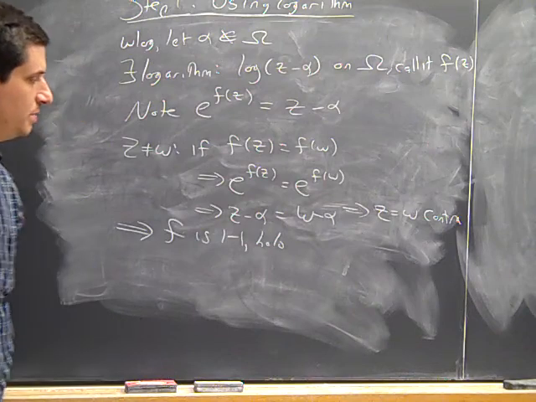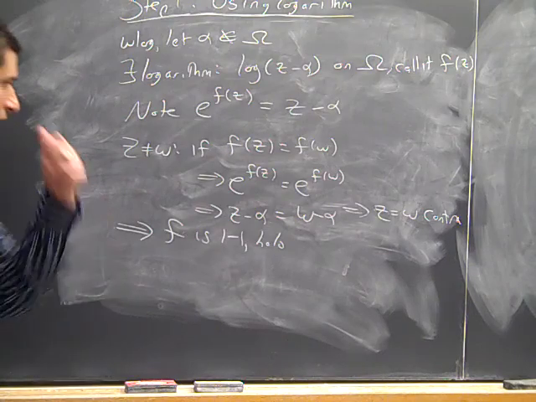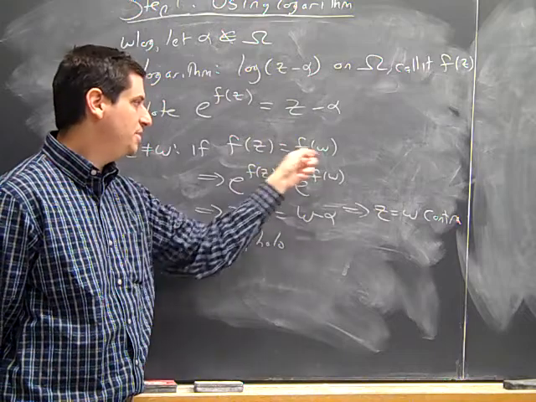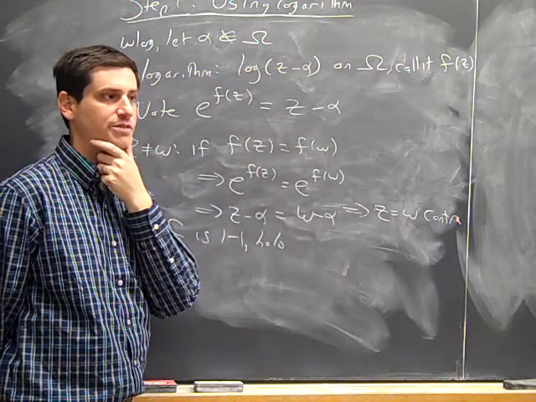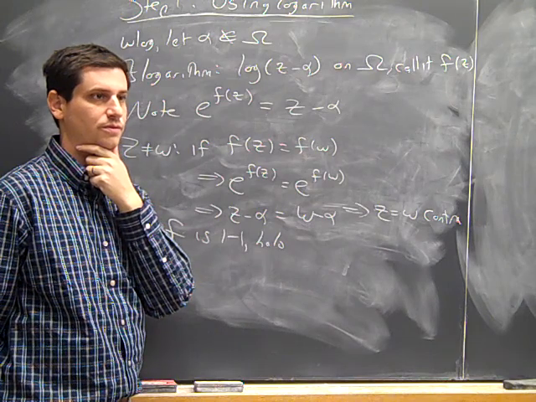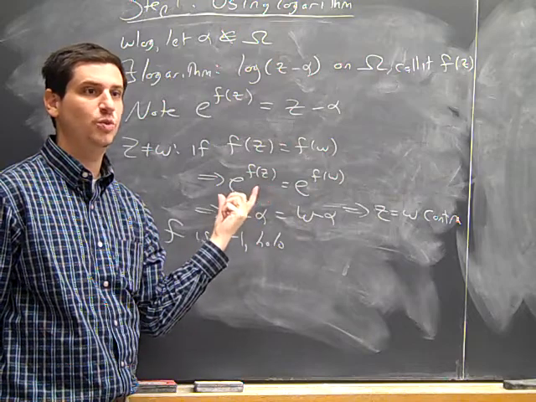Now, we've got to be a little bit careful. A little bit more is true. So clearly I can't have f of z equals f of w, or I get a contradiction. But there's something else f of z can't equal relative to f of w. So I use the exponential. Is the exponential function 1 to 1?